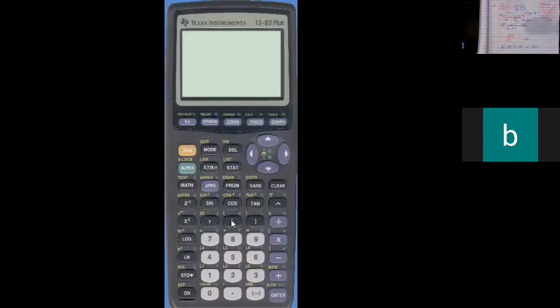It said 3 minus 4i, and I can find my i right here, right down there above my decimal point. So I'm going to do second, decimal point, close parentheses, divided by open parentheses.